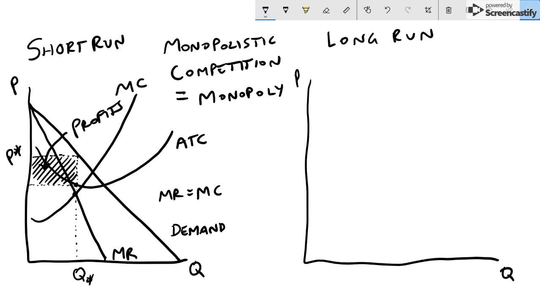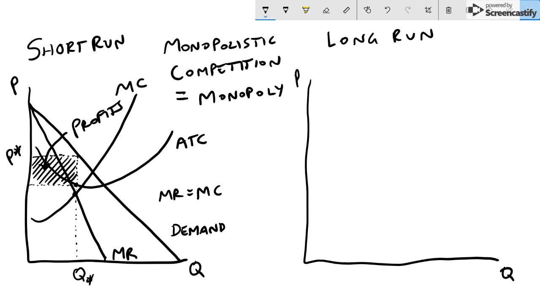They see that large profit box and they want to make a share of it for themselves. So what that tends to do in the long run is shift the demand curve, right? If you have other restaurants coming in competing, then the market is able to substitute those in. So you have a reduction in demand for the firm we're talking about.